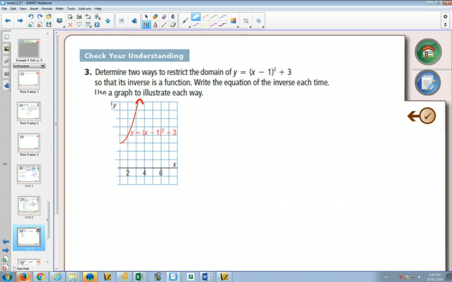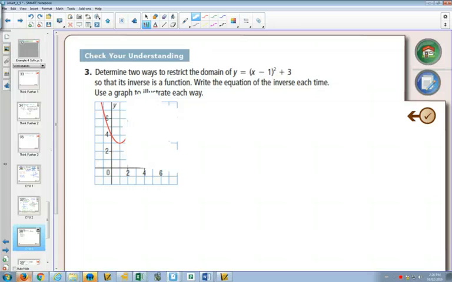And if you did anything in front of the vertex, or as another option, if we erased this part, it would pass the horizontal line test again.